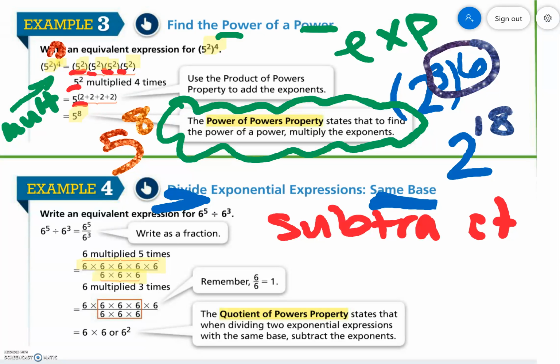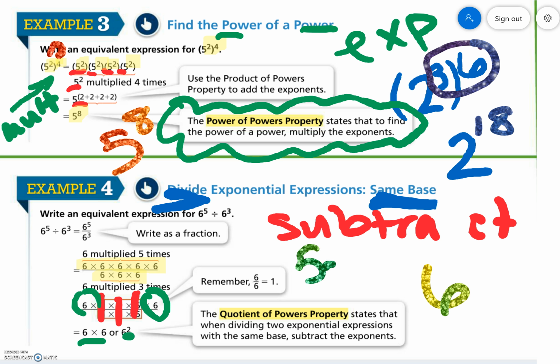We can group these together and cancel them out. One from the top, one from the bottom, one from the top, one from the bottom, one from the top, one from the bottom. And then we're left with 2 6s on the top, which is 6 times 6 or 6 squared. The shortcut being we keep 6 as our base and we subtract 5 minus 3, which gives us 2.